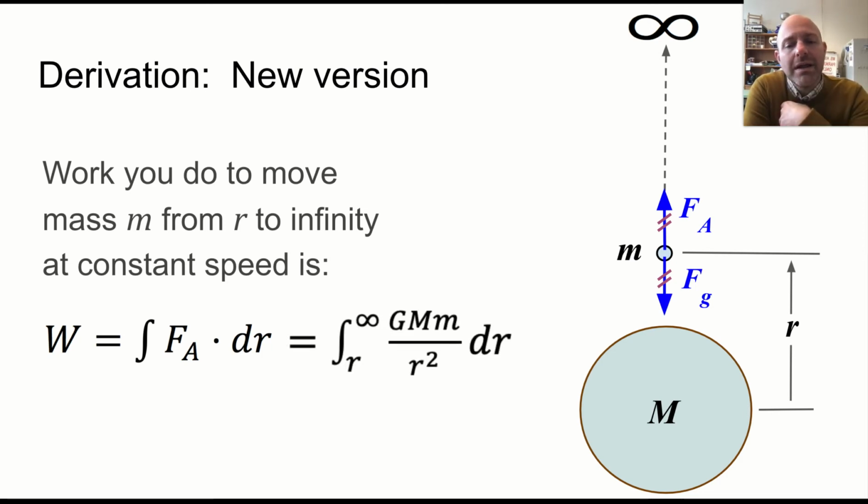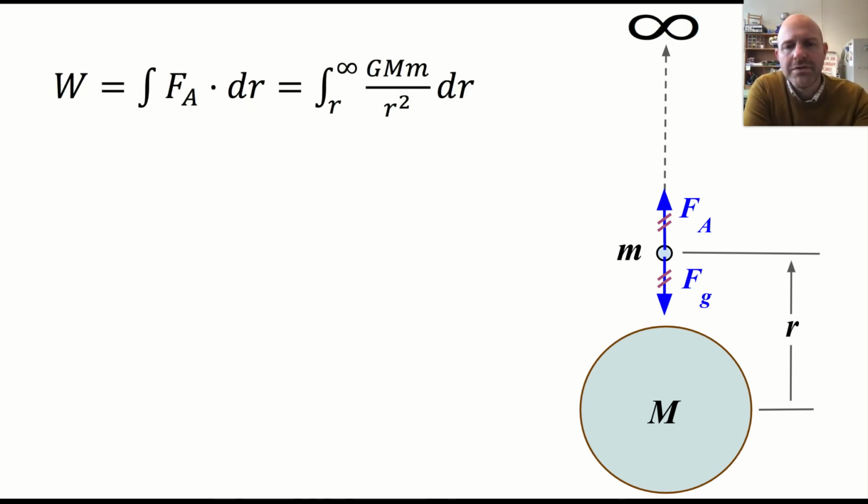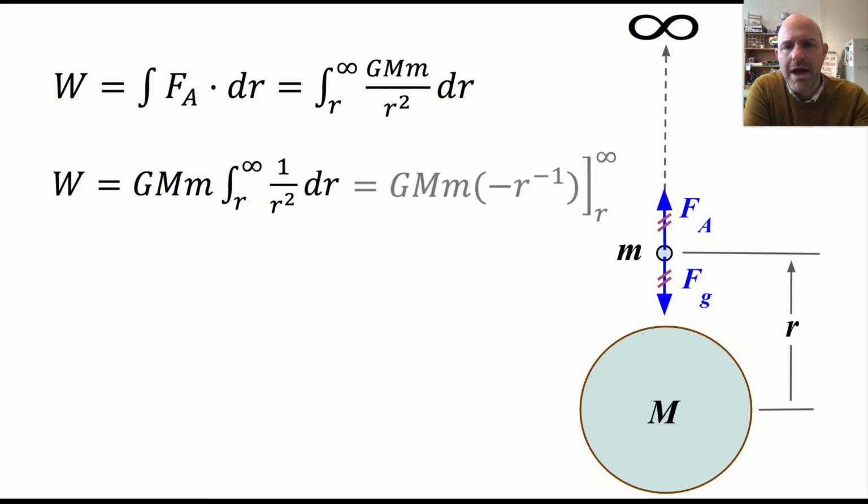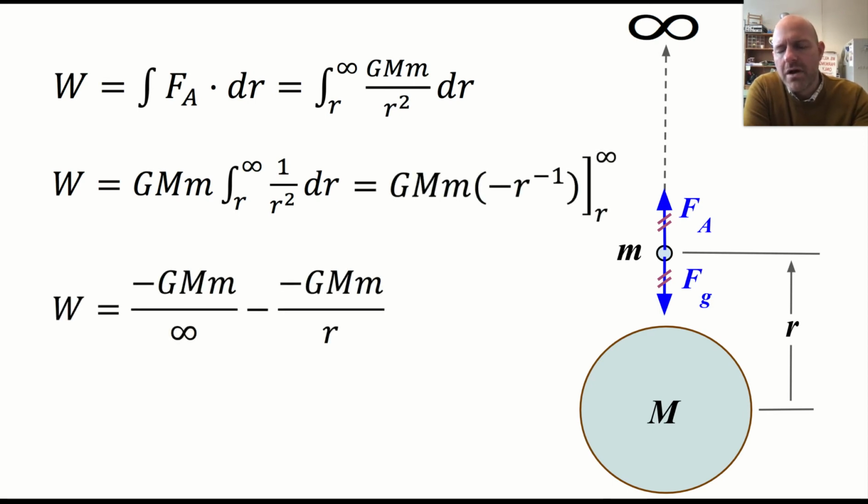But now we're integrating from r, where we start, to infinity, GMm over r squared with respect to r, because that is the formula for the force of gravity. If we do this integration using the power rule, we end up with negative GMm over infinity. Well, whenever you divide by infinity, it goes to 0 essentially, plus this other part.